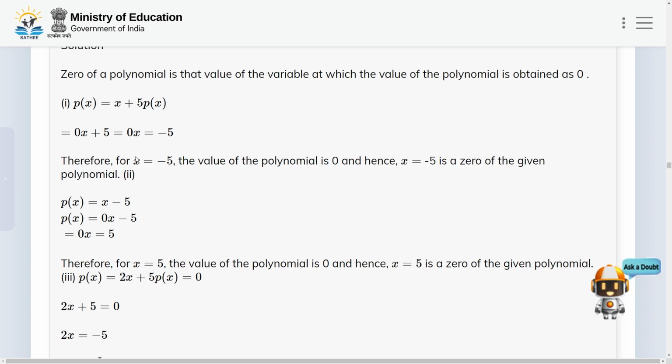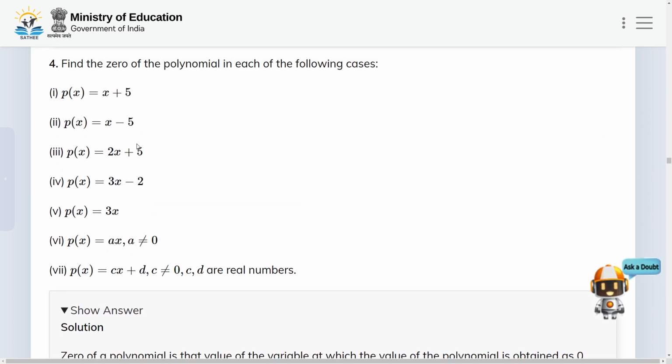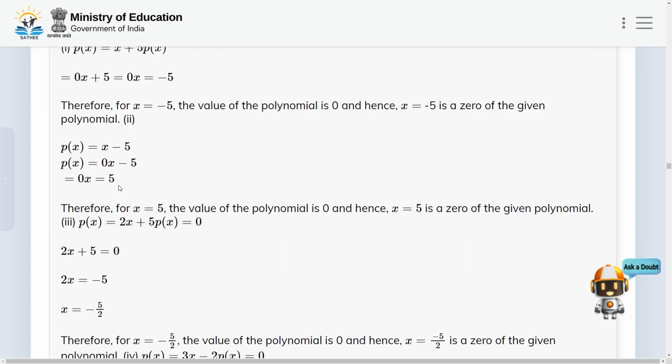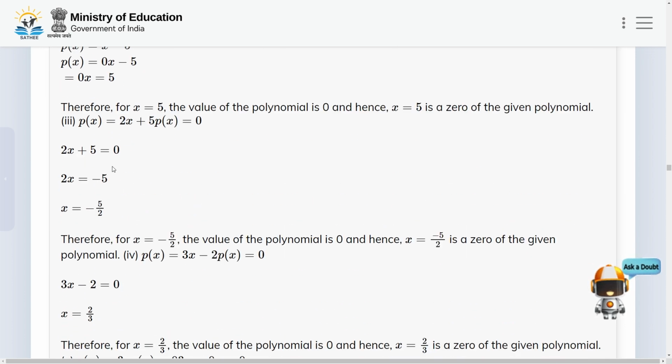Okay, so now let us see the third one. In the third one, we have p of x is equal to 2x plus 5. So p of x equal to 2x plus 5 is equal to 0. It implies x is equal to minus 5 by 2. Therefore, for x equal to minus 5 by 2, the value of the polynomial is 0. And hence, x equal to minus 5 by 2 is a 0 of the given polynomial.